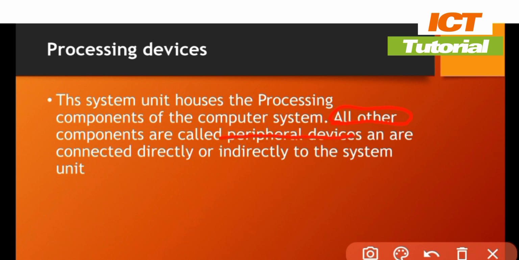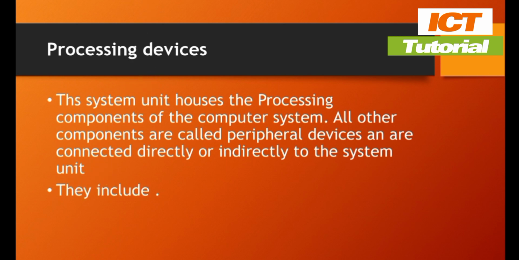Remember, on the input devices we mentioned this term, peripheral devices, connected directly to the system. But the system unit is the one that houses the processing component, the component that does the processing, and that is what we are going to check on.